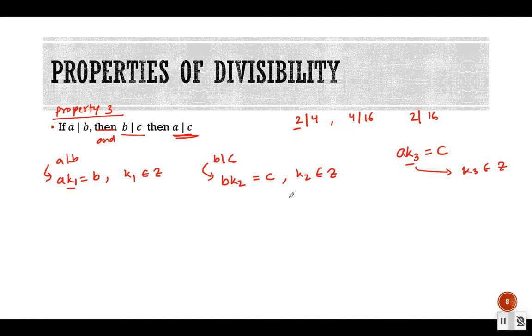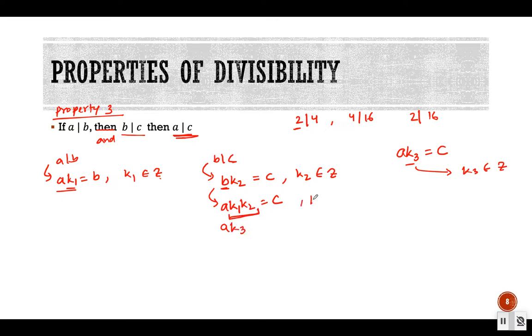All right, so let's use this one, because here I have b k2 equals c and I know the value of b from here. So let's replace b using a k1. b equals a k1, so a k1 times k2 equals c. And now what about k1 and k2? k1 is an integer, k2 is an integer, and we know the closure property: the multiplication of two integers is going to be another integer.